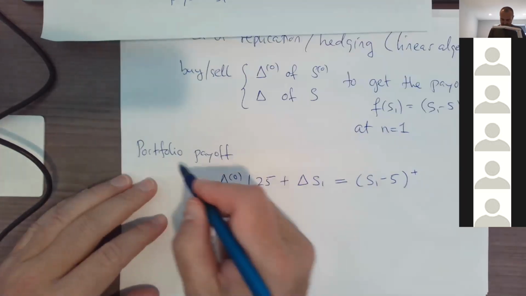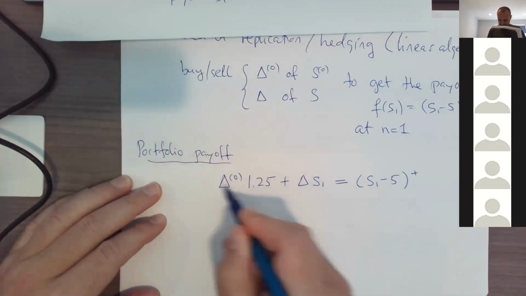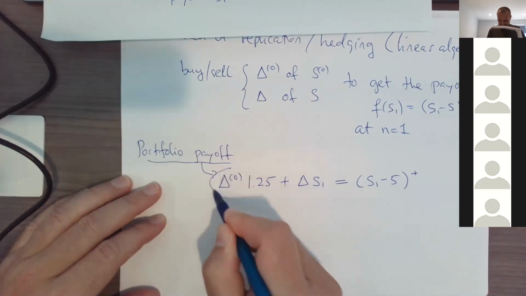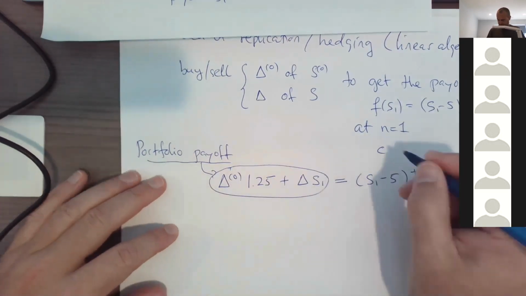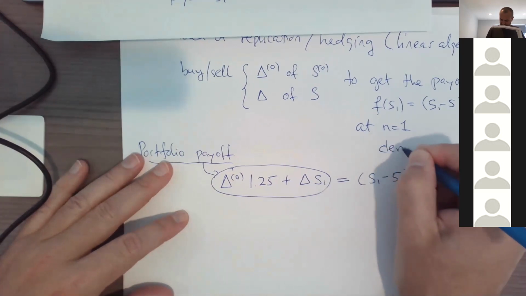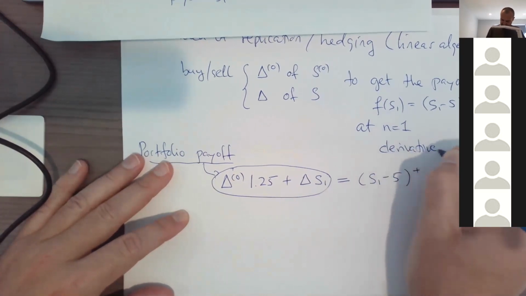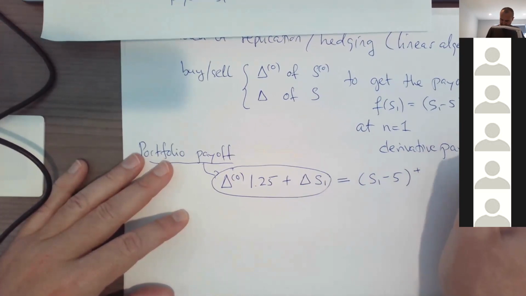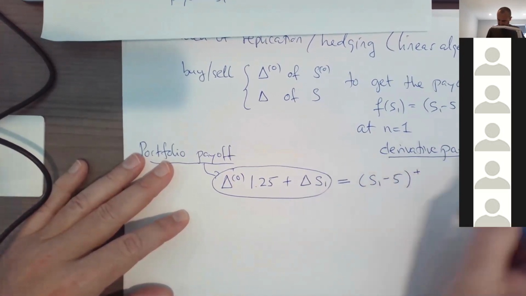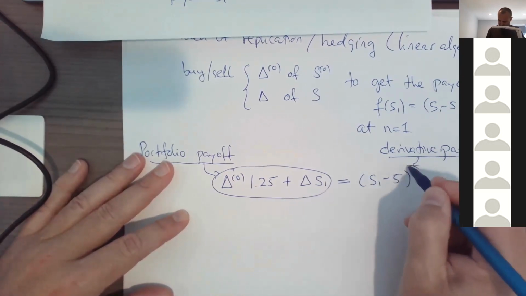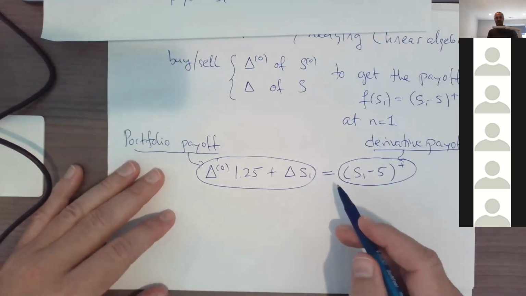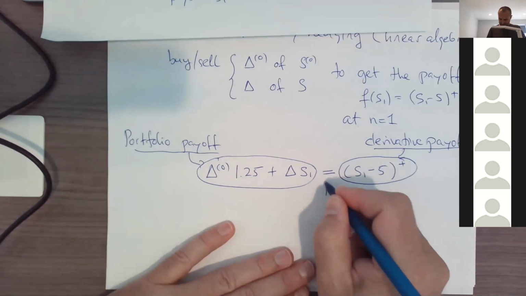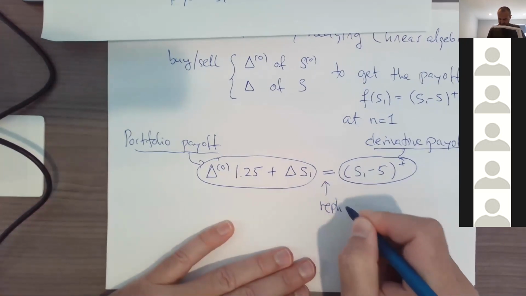So the portfolio payoff, this quantity, is what we have here. This here is the claim. This is the derivative payoff. And this here is what it means to replicate. This here is replication.